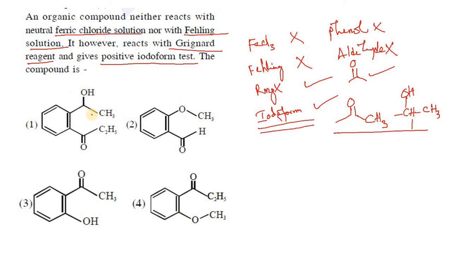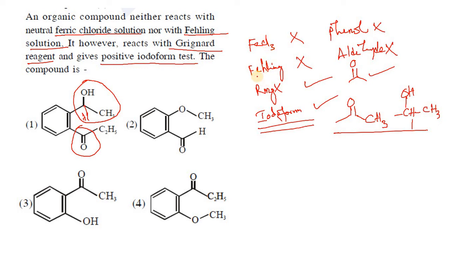Let us take the first option. Okay, this one, CH3 CHOH. So this one gives a positive iodoform test, and also this one reacts with RMgX. Here there is a C double bond O group, and it's not a phenolic derivative, so it is negative towards neutral ferric chloride solution.